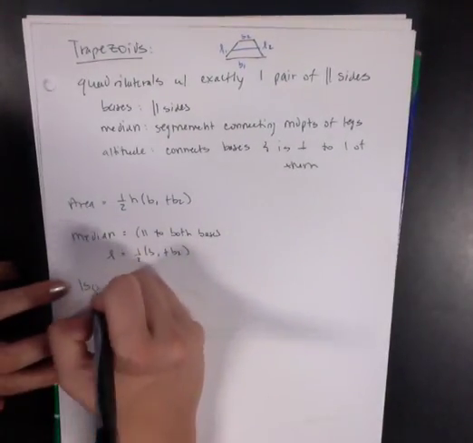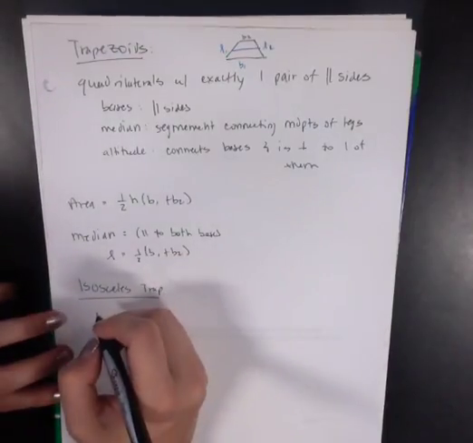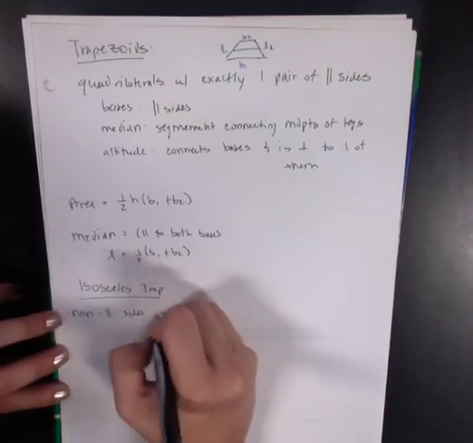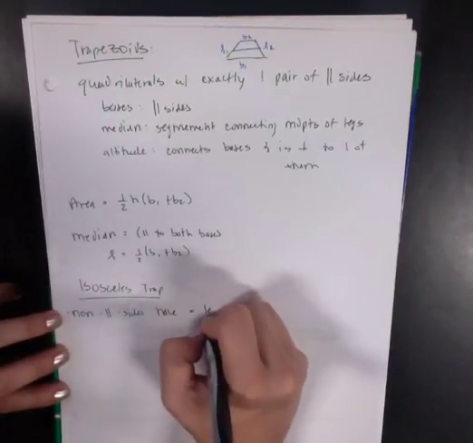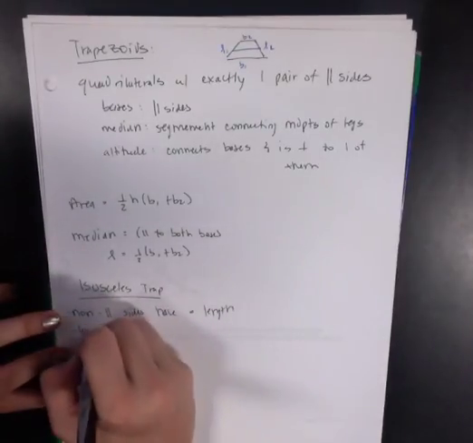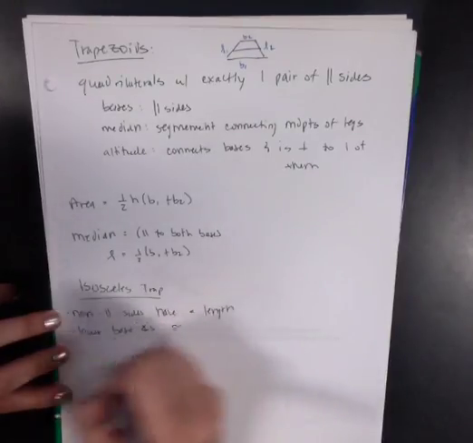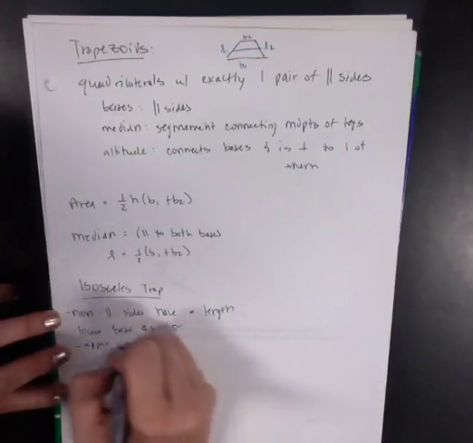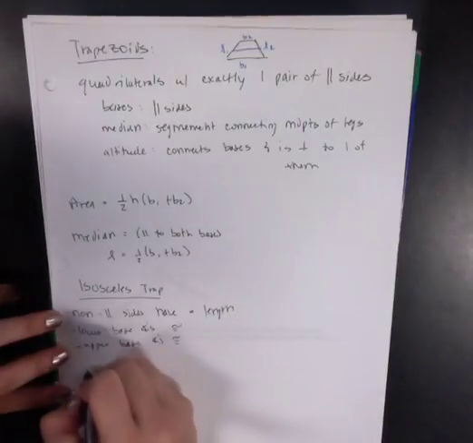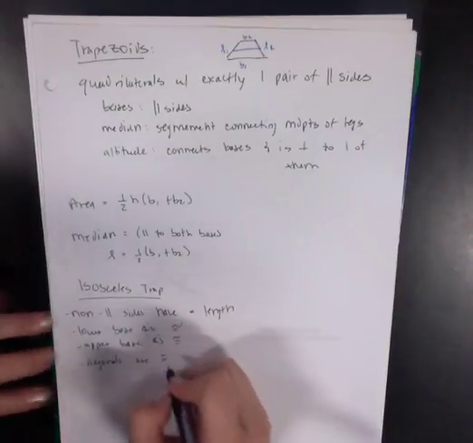We can have an isosceles trapezoid where the non-parallel sides have equal length. The lower base angles are congruent. The upper base angles are congruent. The diagonals are congruent.